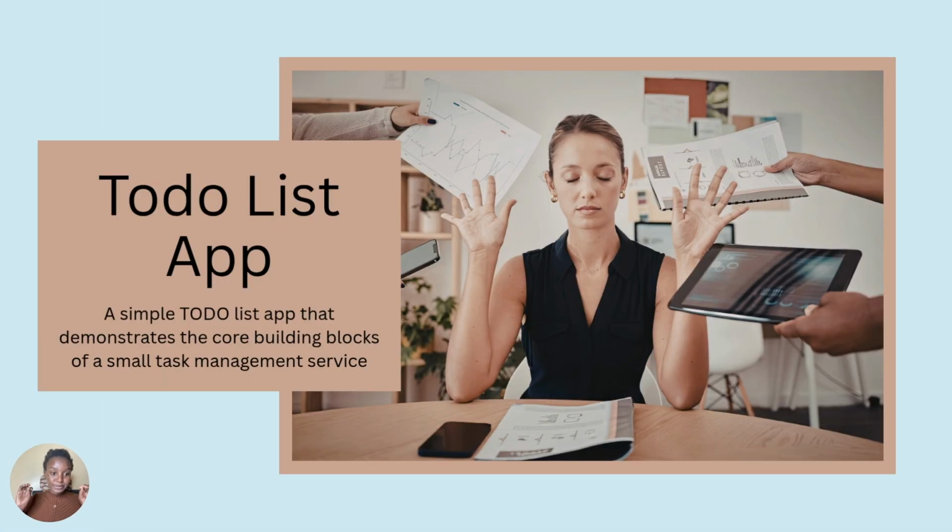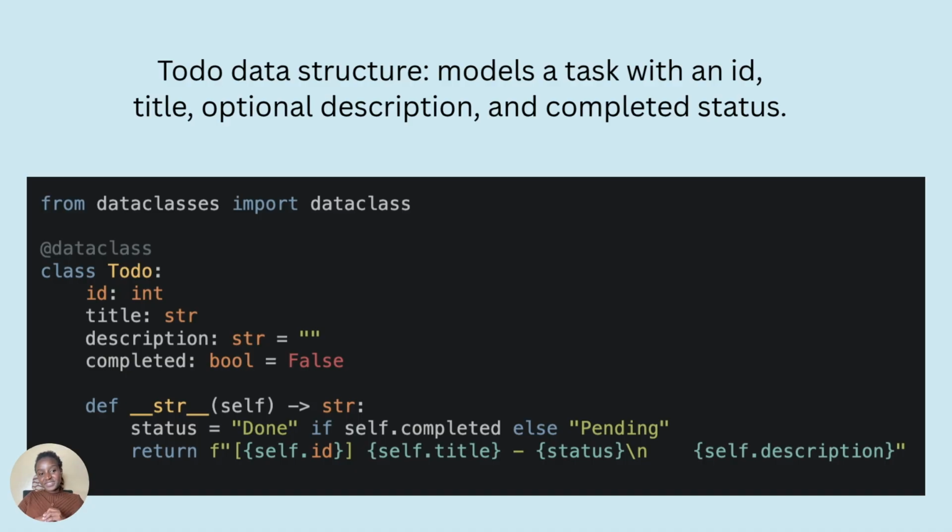So I'm going to use a to-do list application, the most common example, a simple to-do list app that demonstrates the core building blocks of a small task management service. To-do data structures, models: a task with an ID, title, optional description, and completed status.